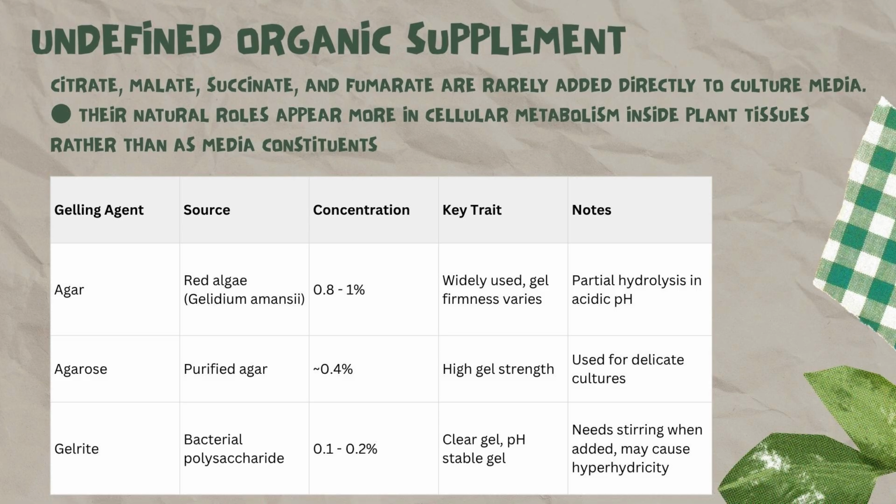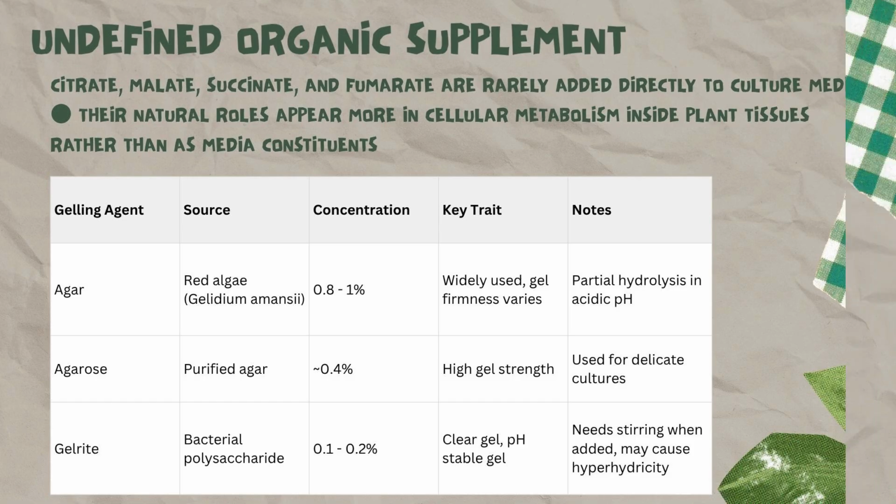It creates a pH stable, clear gel but requires careful stirring and sometimes leads to hyperhydricity where tissues take up too much water. So this is all about undefined organic supplements.